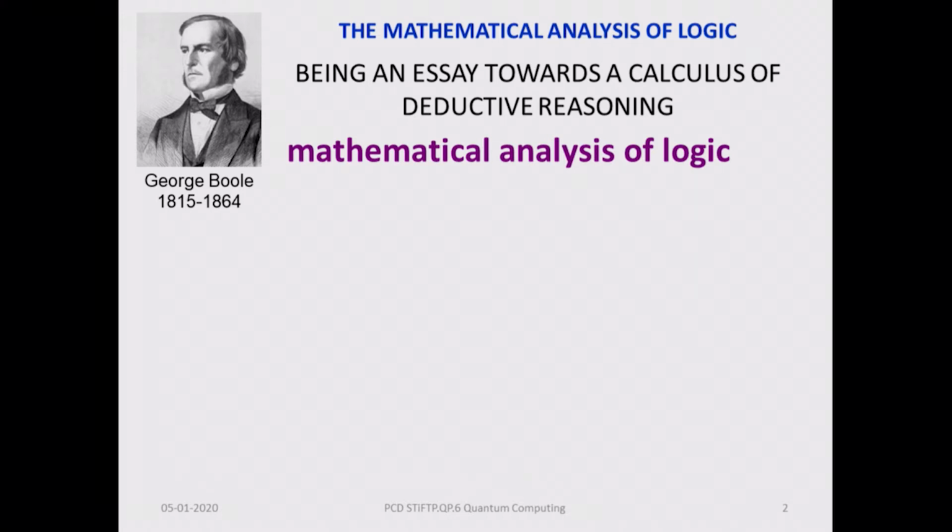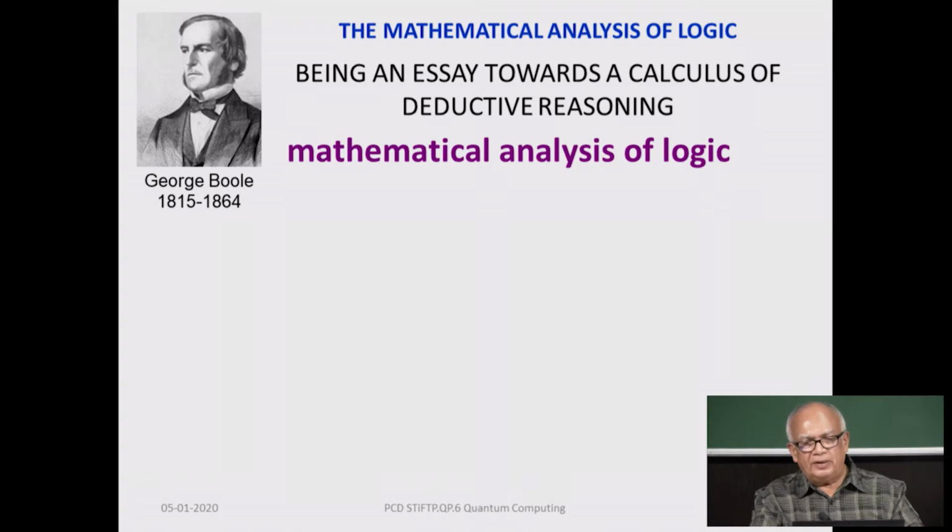we go back to George Boole in the middle of the 19th century. He came up basically, if Newton connected mathematics and astronomy, George Boole connected logic with mathematics and arithmetic in particular.